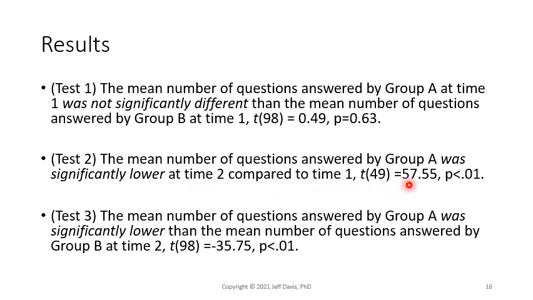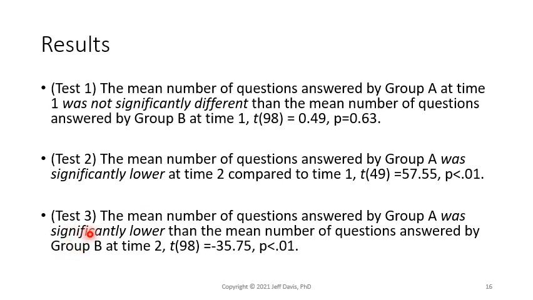And again, we give the results of the paired samples t-test. T, 49 degrees of freedom, 57.55. And the null has a very small probability of being true, so we reject it and say, yep, there's probably a real difference between Group A at time 1 and Group A at time 2.